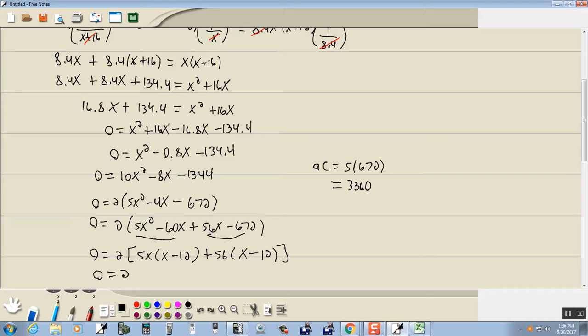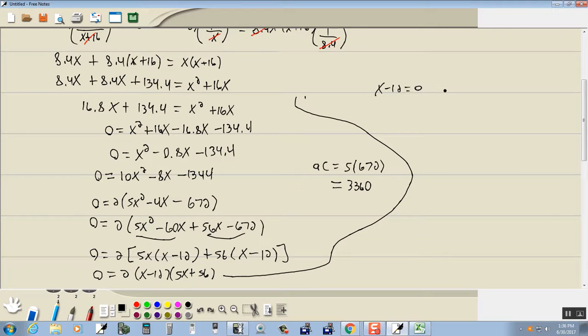So then I'm going to factor out an x minus 12 because they have that in common, and that leaves us 5x plus 56. Set each factor equal to 0: x minus 12 equals 0, and 5x plus 56 equals 0. That gives us x equals 12, or 5x equals negative 56, so x equals negative 56 over 5.